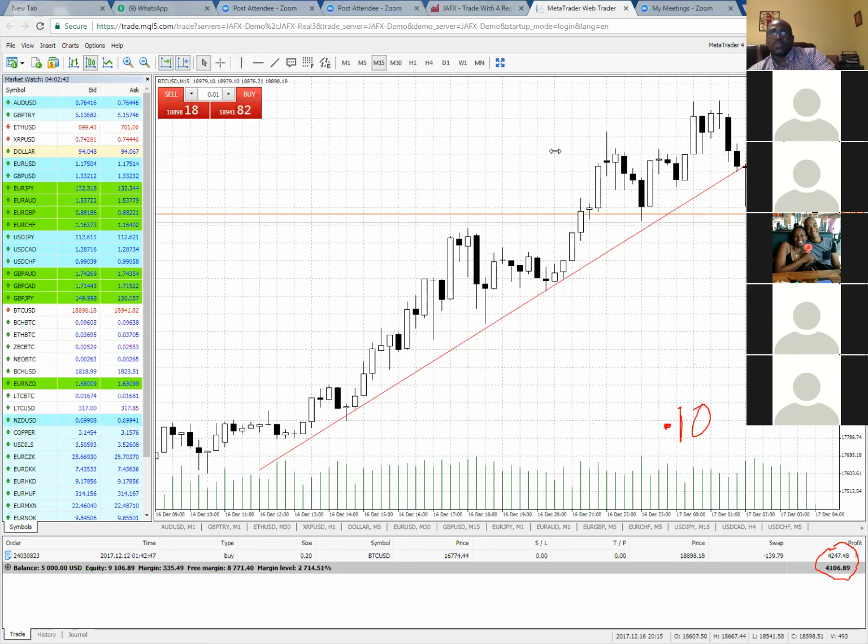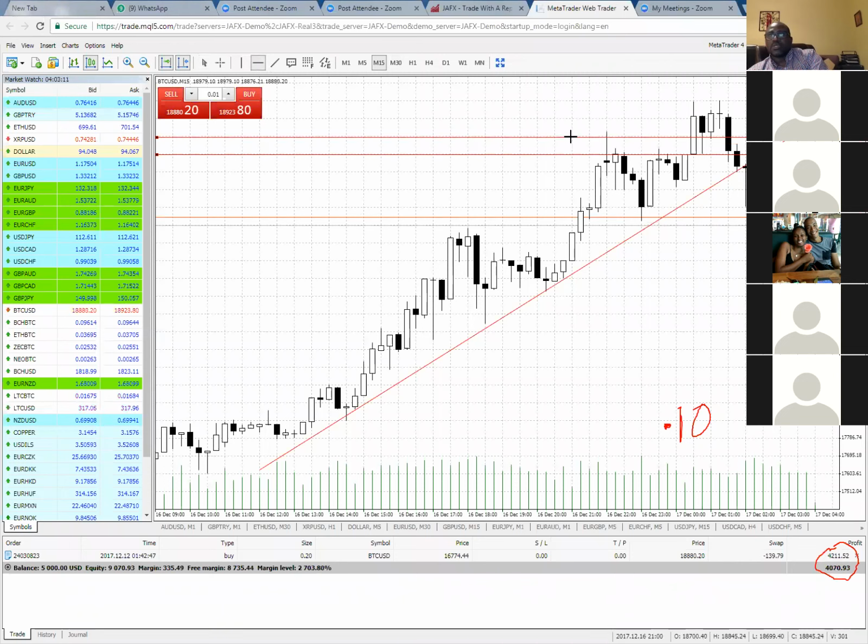Let me draw a line right here. I guess that's blue, that's red. I don't know how to change my line color. It doesn't matter. Anyway, this is a line right here, 19,250 roughly. Now let's look for $100 at 19,250 to 19,350.